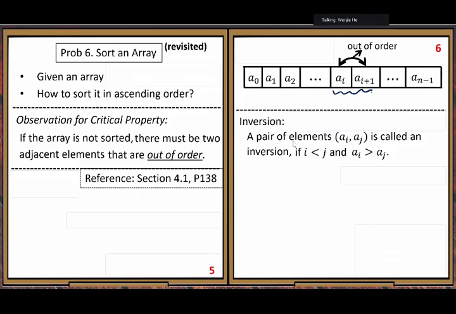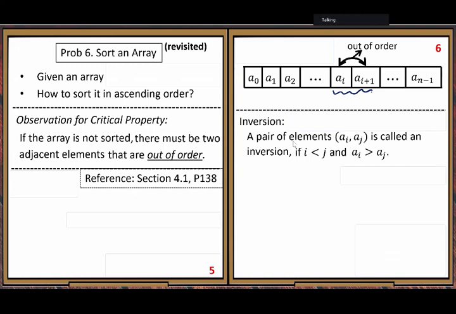One inversion is enough to make the whole array unordered, right? If the whole array has one inversion, then it's unordered. So you can see the importance of inversions.